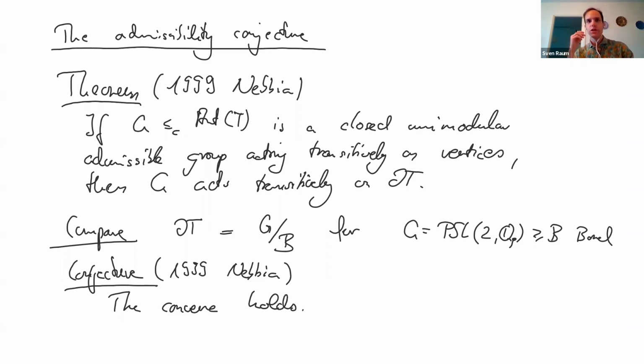The converse should hold. This means that if I have a group that acts transitively on the boundary of the tree, then it should be already admissible. Okay, what should I say about that? There are different versions to formulate that. If I formulate it like this, transitive action on the boundary of the tree implies admissibility, I could possibly have compact groups in my scope, right?